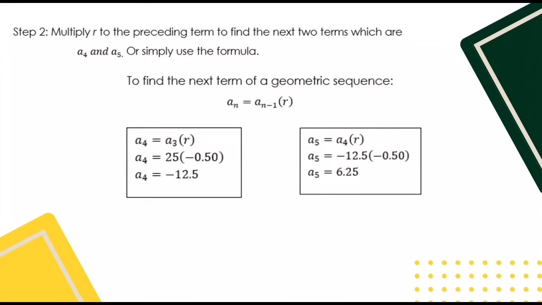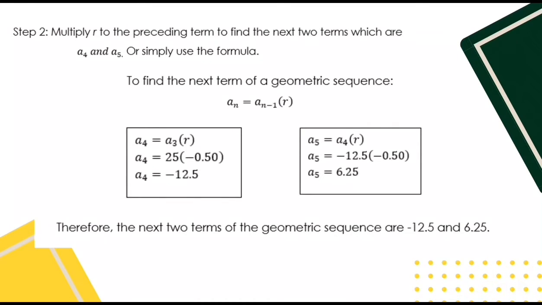Since we have previously computed that a sub 4 is equal to negative 12.5, therefore, a sub 5 is equal to negative 12.5 times negative 0.50, which is equivalent to 6.25. Therefore, the next two terms of the geometric sequence are negative 12.5 and 6.25.